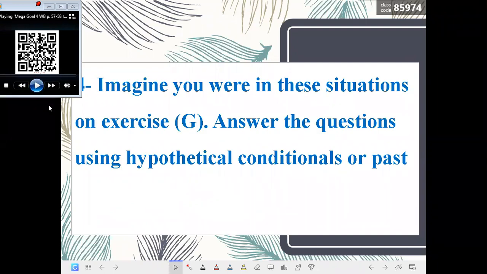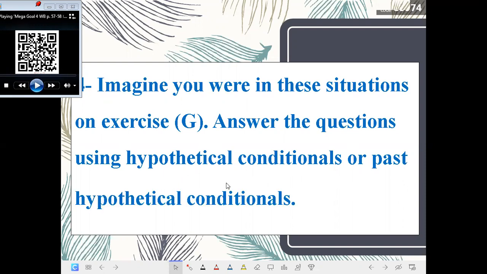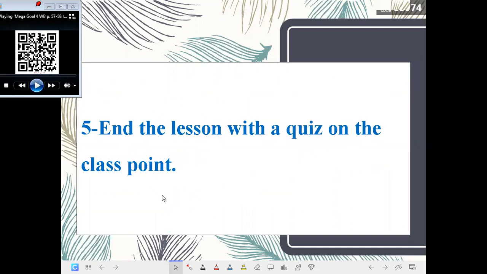Number four, imagine you were in these situations on exercise G and answer the questions using hypothetical conditionals or past hypothetical conditionals. Number five, end the lesson with a quiz on the class point.